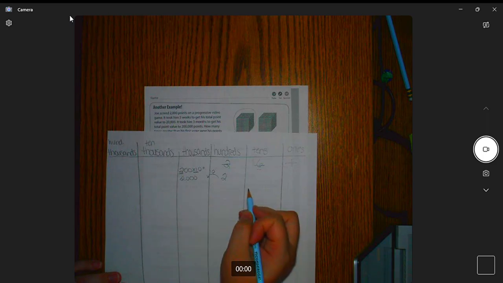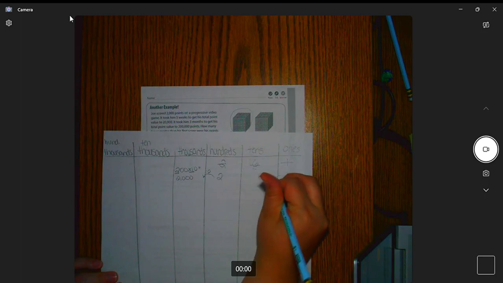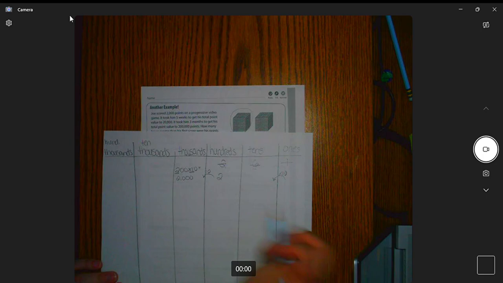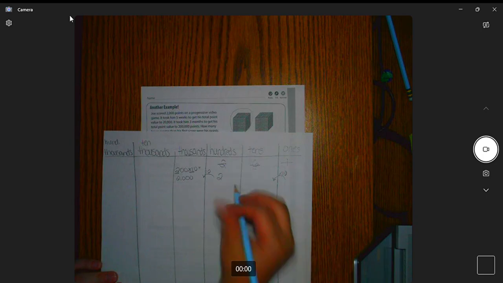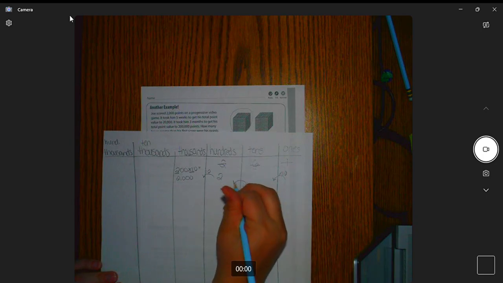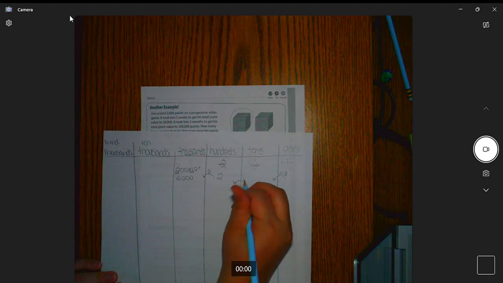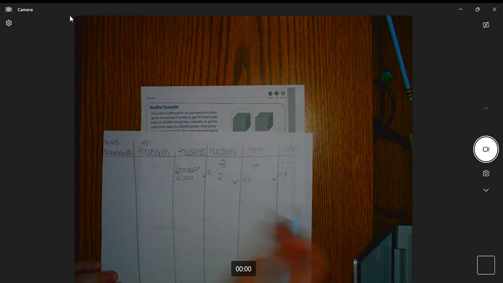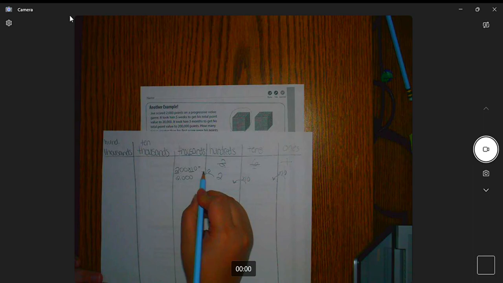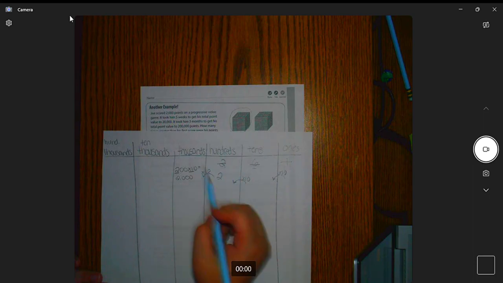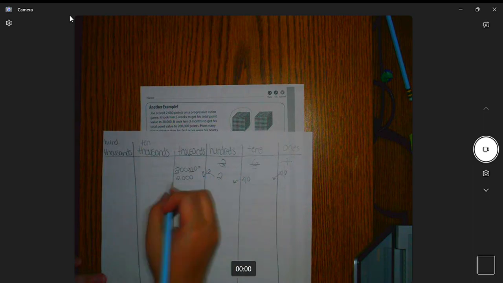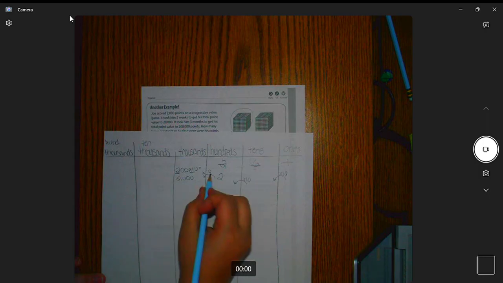So if I move from ones to tens, that jump is times 10 because 1 times 10 is 10. Well, 10 times what gets me to 100? Yeah, times 10. I already know that jumping from hundreds to thousands is 100. Or is 10, I'm sorry.